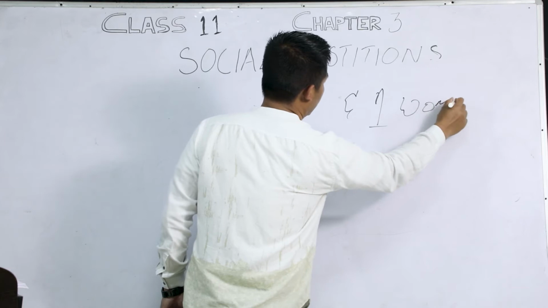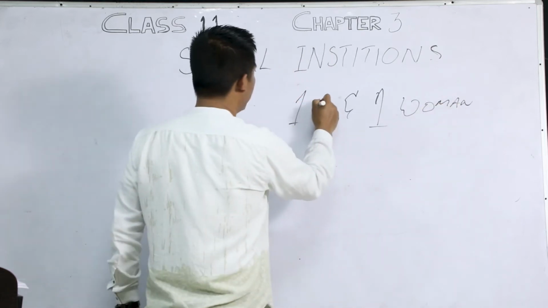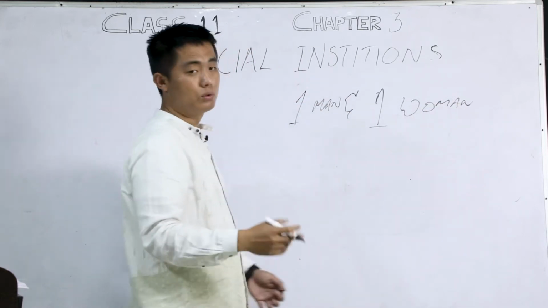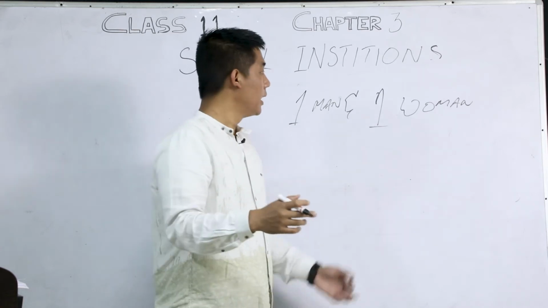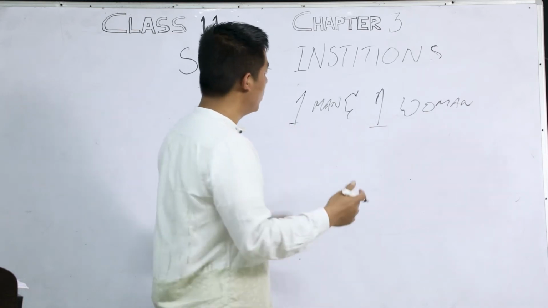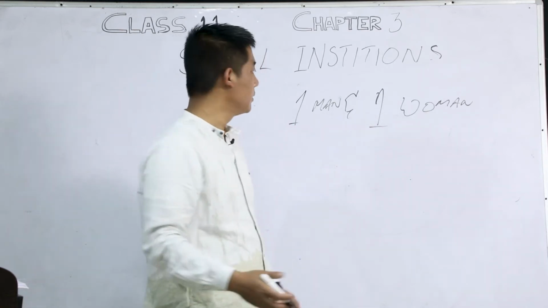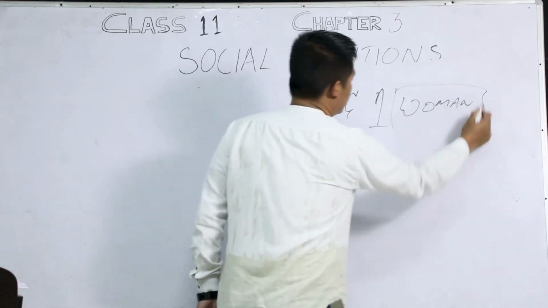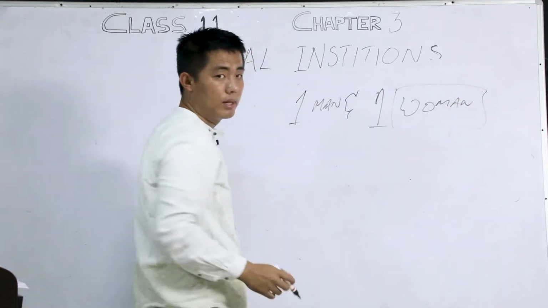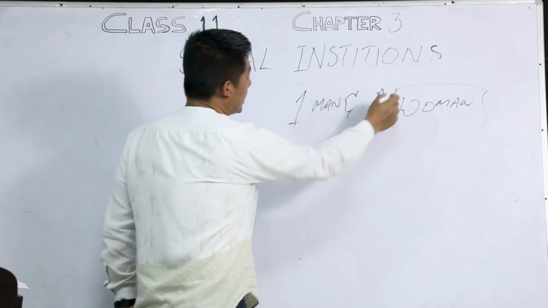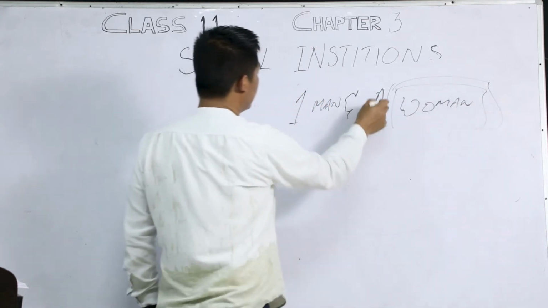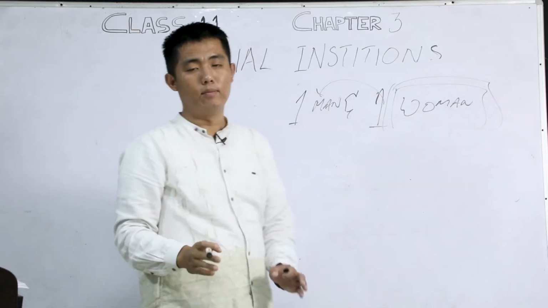You cannot marry more than one. For example, if I'm a man, I cannot marry two or three women. I cannot marry more than one woman, and a woman cannot marry more than one man, even in monogamy.